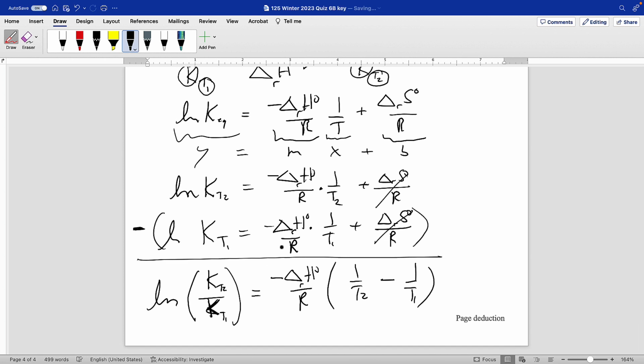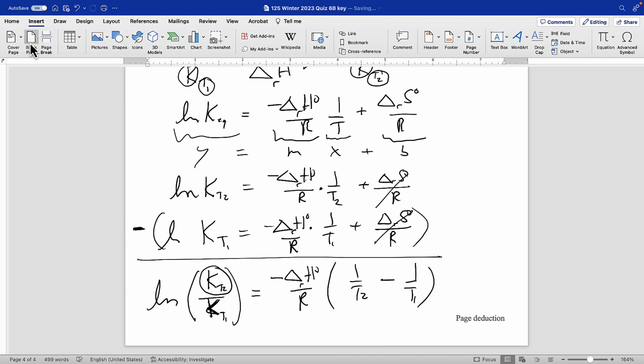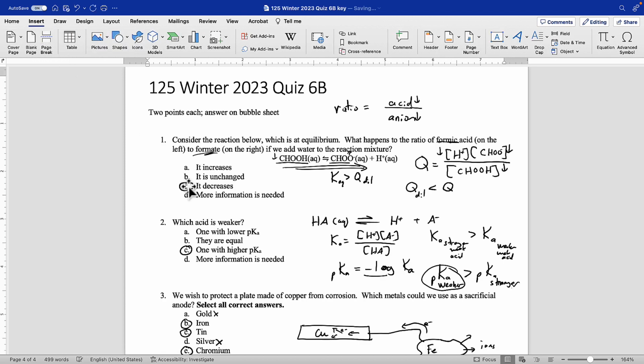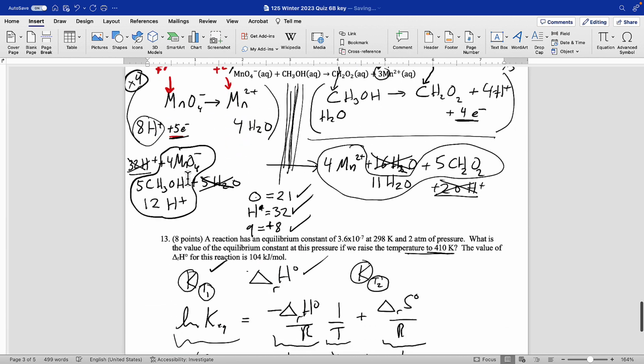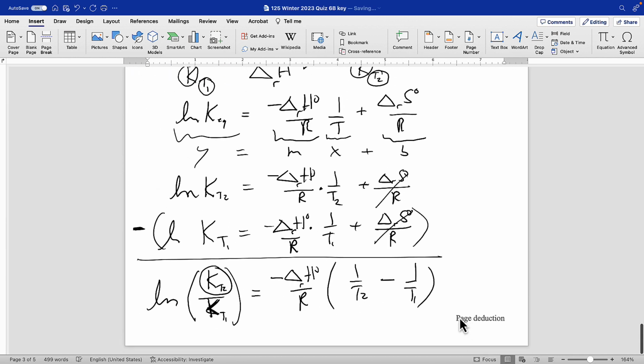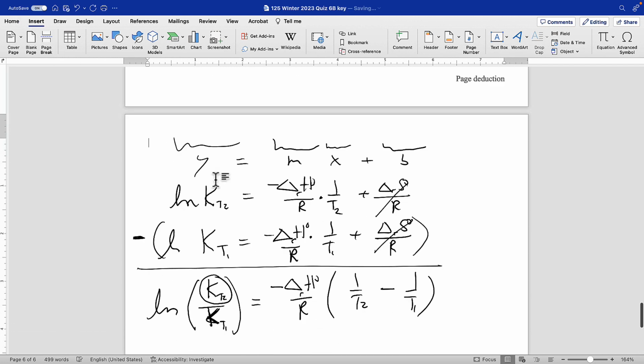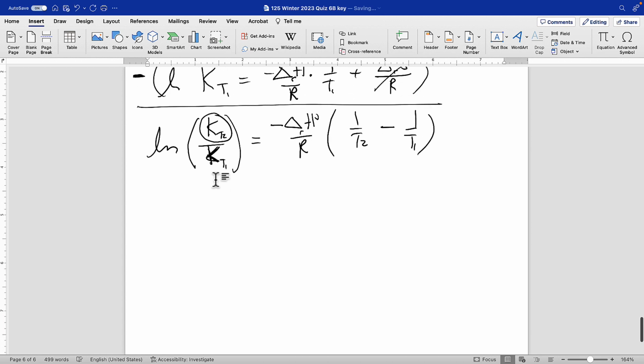So if we look at this, the only unknown is k at t2. So we can solve that with a little bit of algebra. Okay, so we'll put this down here. Let's solve for k2.